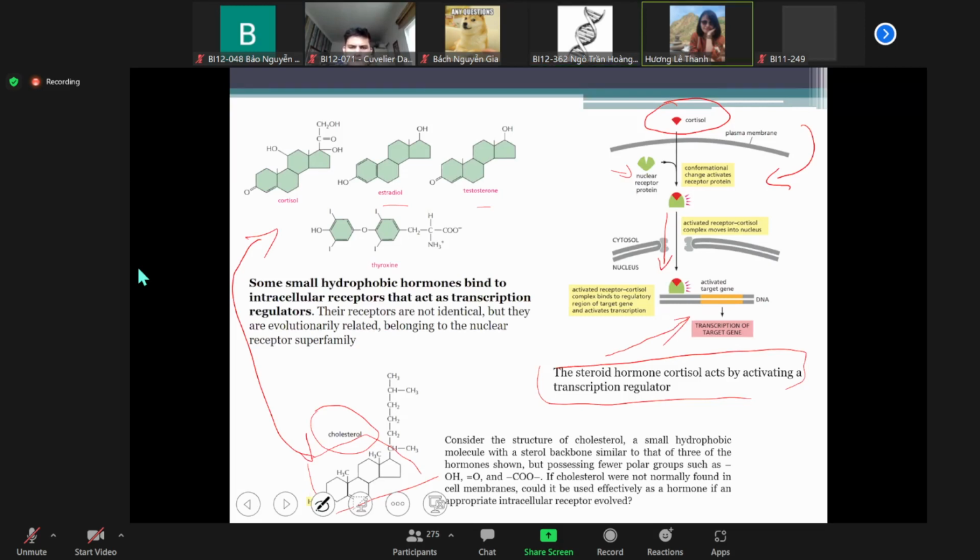Hydrophobic. Yes. What about the OH group here? The OH group means they are polar, and this means they are hydrophilic. They're polar here. And they also have the polar group here. Polar. It means they are hydrophilic.